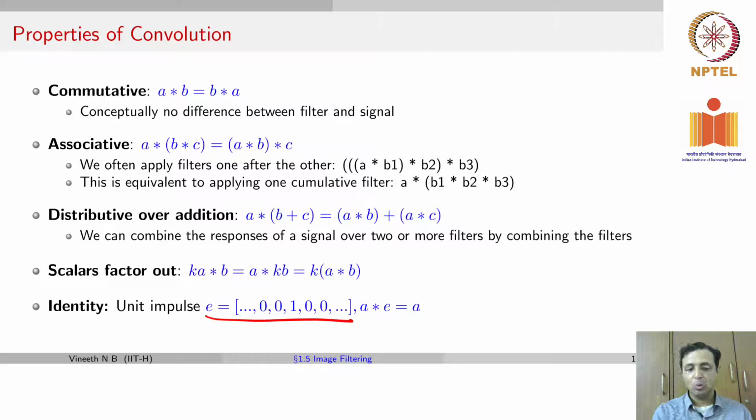Remember, this is a one-dimensional impulse. In a two-dimensional impulse, we already saw an example where you have a white value in the middle of the image, black everywhere. Then A convolution this unit impulse will be A itself, which did not hold for cross correlation. So convolution has a few elegant properties which you will see helps us in many applications.